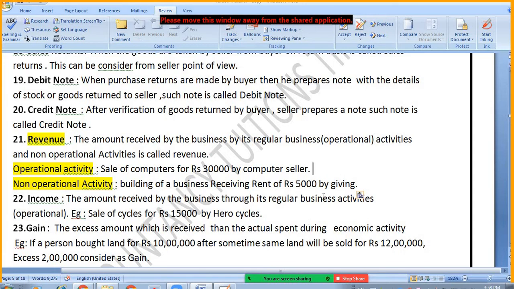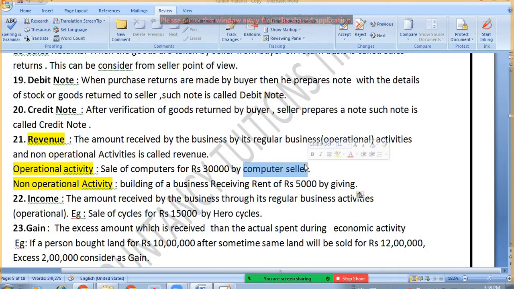So this computer seller used the ground floor for his computer business, and the remaining first floor and second floor he gave to someone for rental purposes.